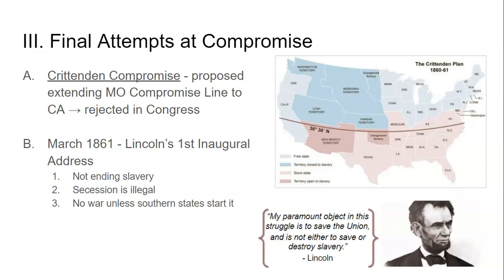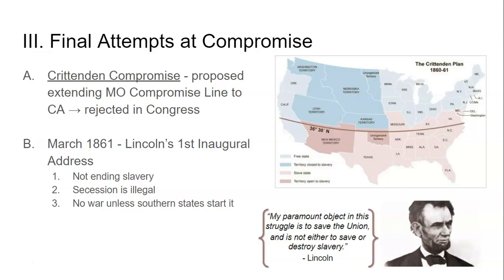When a president takes the oath of office, at their inauguration, when they become president, they give a speech. And Lincoln is giving this speech to not only the northern states, but the southern states too, that are considering leaving if they haven't already left. And he's basically saying, listen, I don't want to end slavery where it is. I legally can't do that, I don't think.